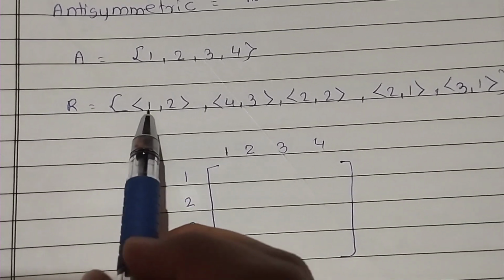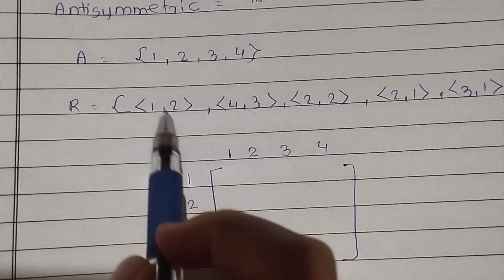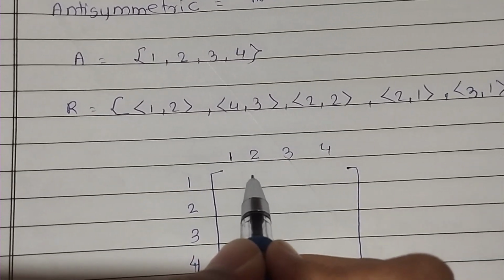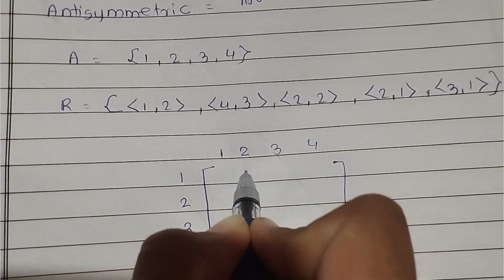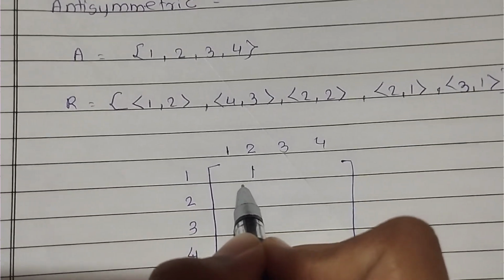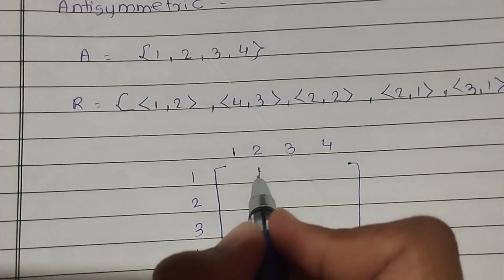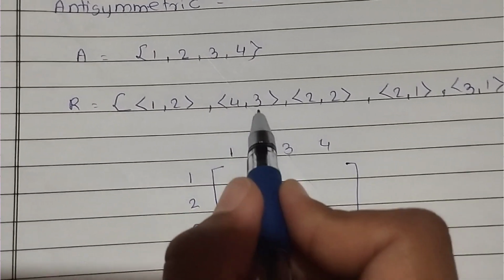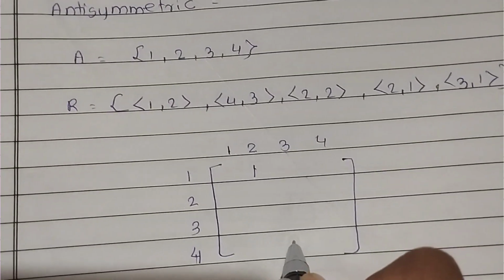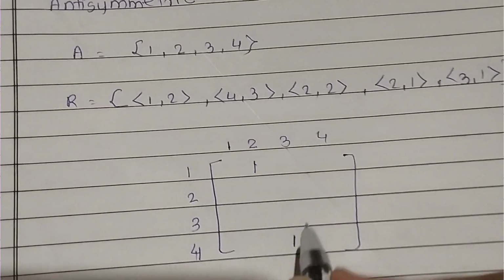In the relation, for 1 and 2, the first element is for the row and the second element is for the column. So if the relation is formed, write 1 for 1 and 2. Now 4 and 3, the row is 4th and the column is 3rd, so it is also represented by 1.